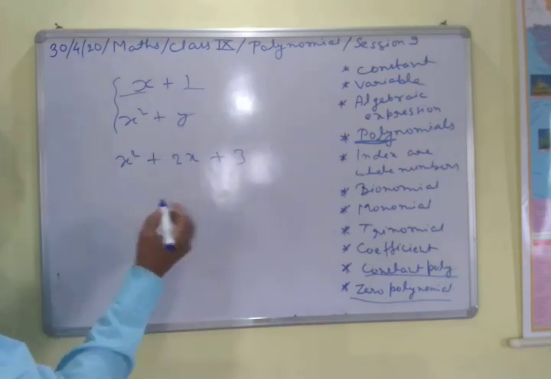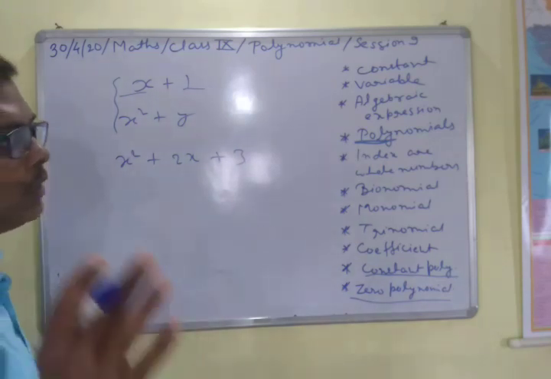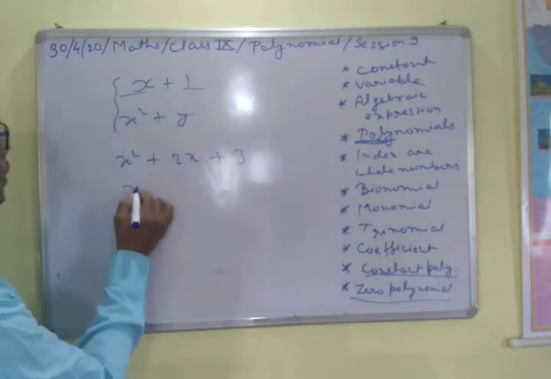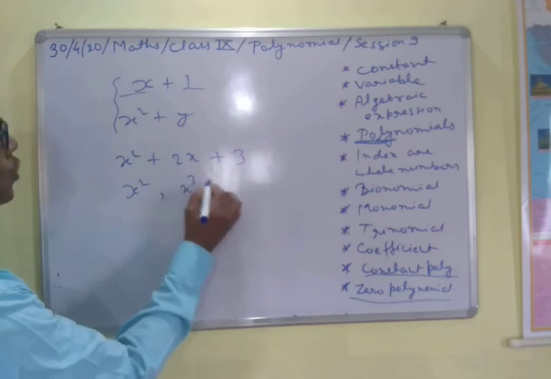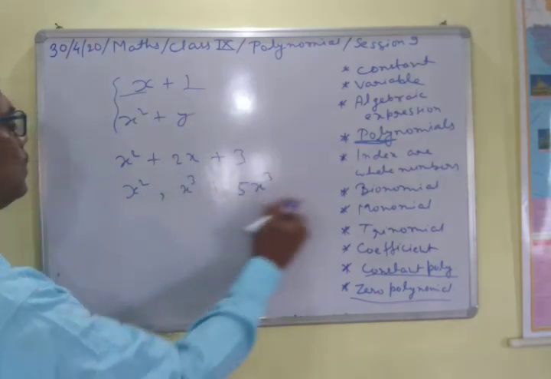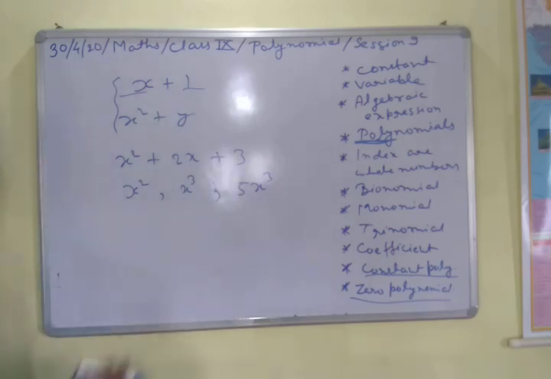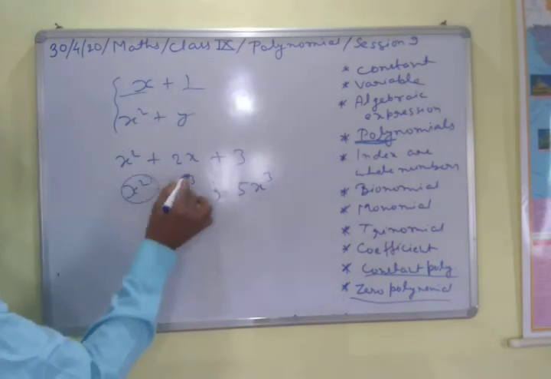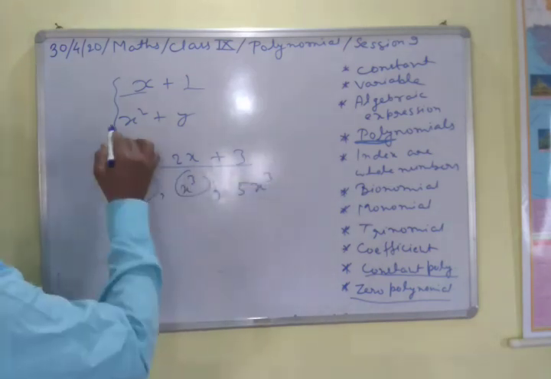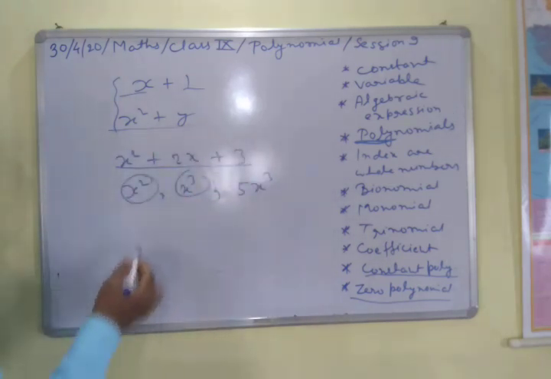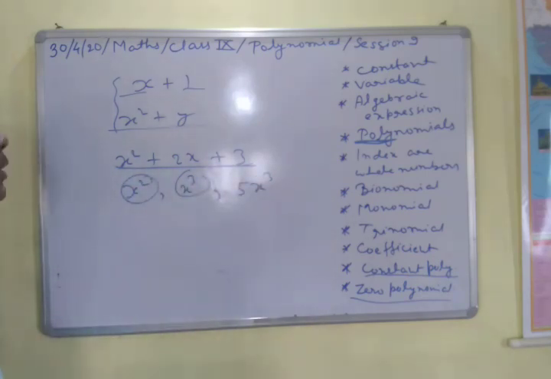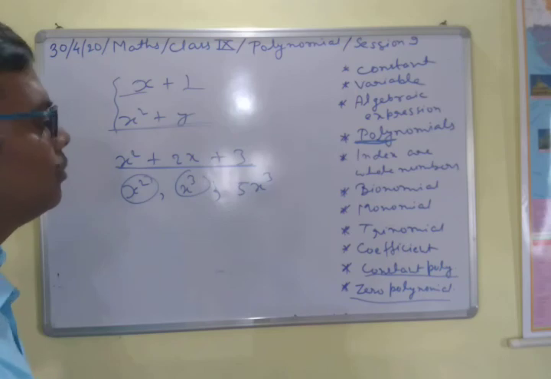Monomial means polynomials having only one term, for example x square or x cube, or suppose 5x cube etc. These are the examples of monomials because each has only one term. When 3 terms are there, it is called a trinomial, and when one term is there, it is called a monomial.